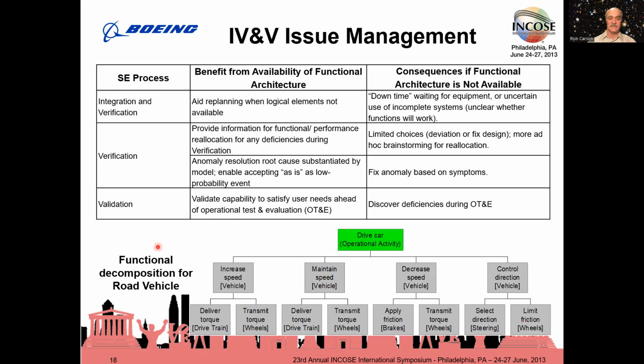And in validation, you have an opportunity to exercise a functional architecture to examine extended capabilities for additional user needs ahead of operational test and evaluation to be sure that the system actually will yield the capability that is needed by the various stakeholders. So we can decompose the system, and then during integration, we put those things together. And if we have an architecture model, then we can examine that before we actually get to the physical integration.